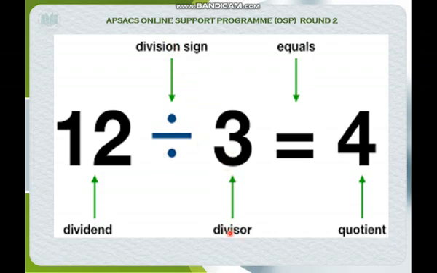Then 3 is the divisor. Divisor is a number by which another number is to be divided. So 3 is the divisor, equals 4. We know that 3 times 4 is equal to 12. So 4 is the quotient. Quotient means the answer.